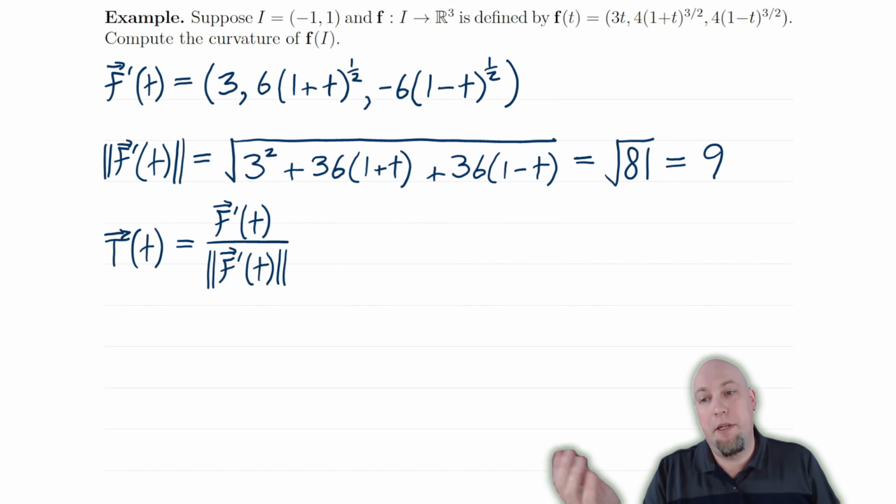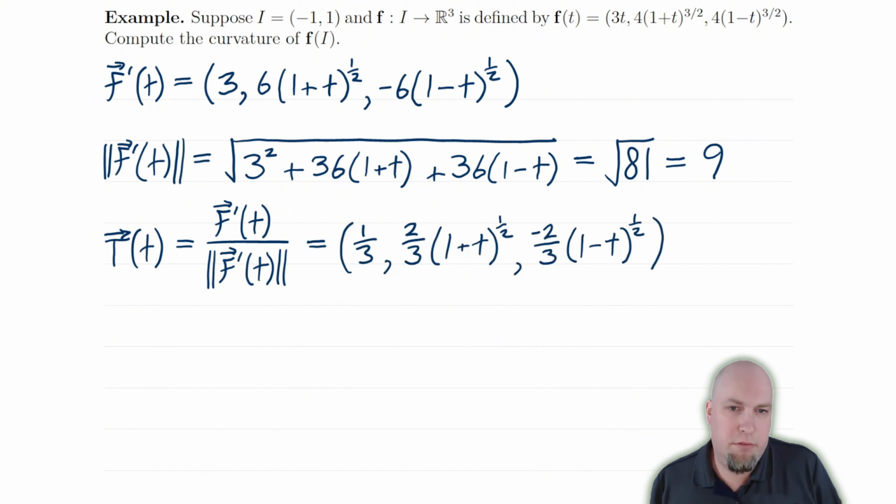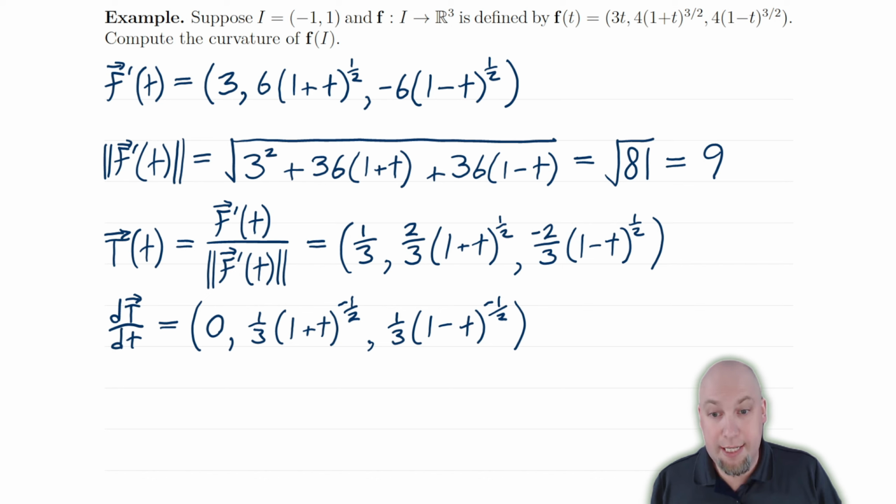Next up, the unit tangent vector. It's just the velocity vector divided by speed. So take your velocity vector, divide each entry by 9, and you get this junk here. Next, we need the angular speed, which is just taking the derivative of the unit tangent vector and then computing how long that is.